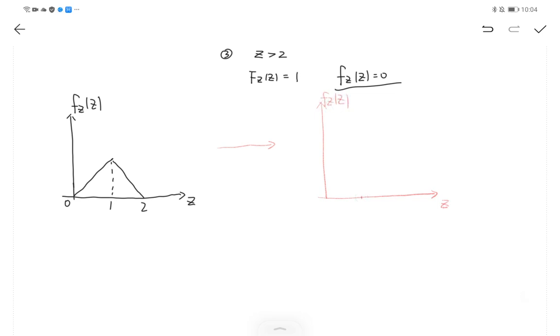The original graph is like this, from 1 to 3. And this is the graph of f_Z.